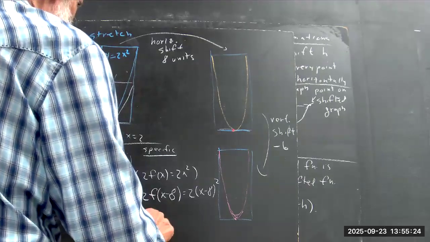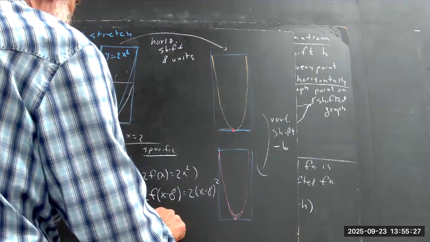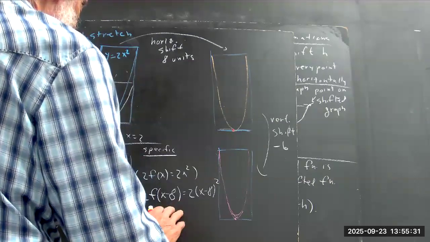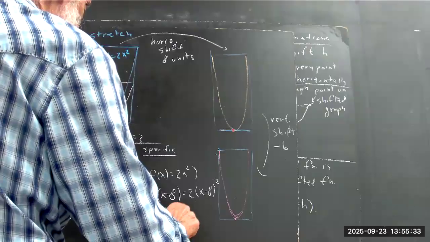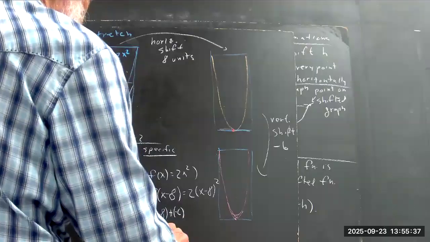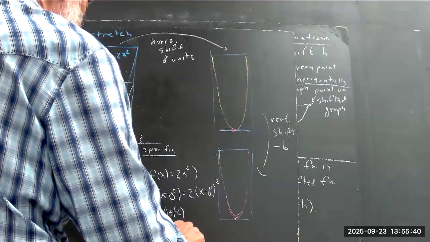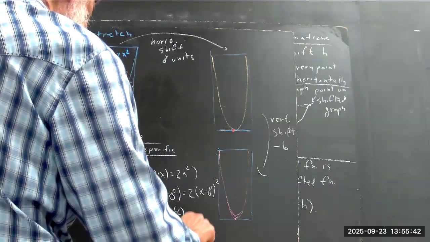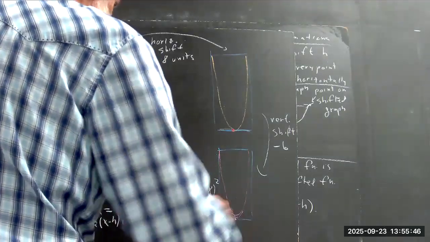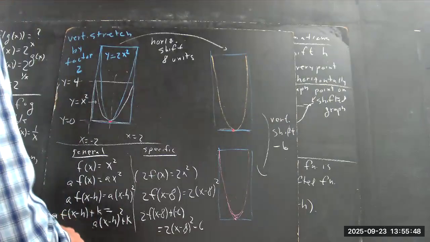In this case, it's 2f of x minus h, 8, plus negative 6. And that's going to be 2 times x minus 8 squared minus 6. And that's the graph that we have here.